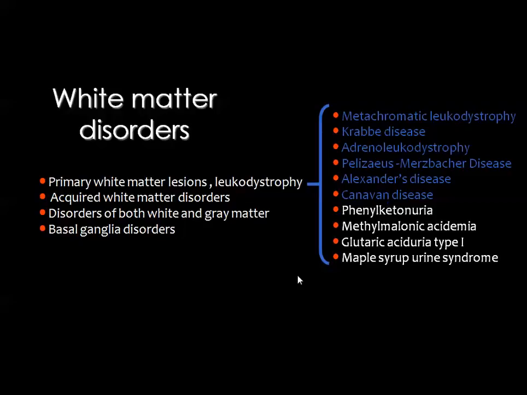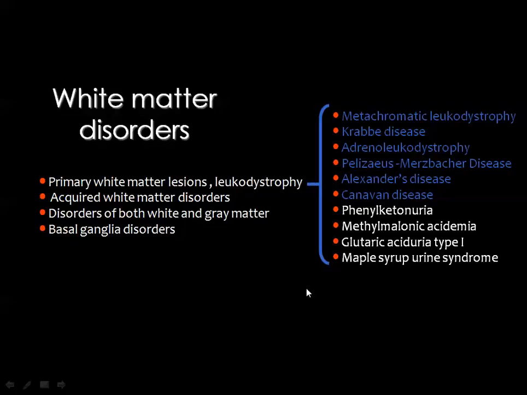Then in the second part of the talk we have discussed the acquired white matter lesions, and we talked about MS and some of the traumatic and inflammatory white matter diseases.